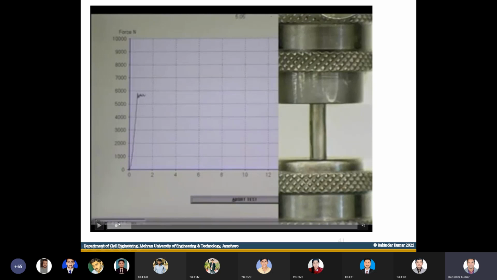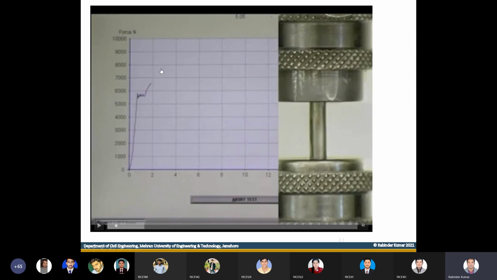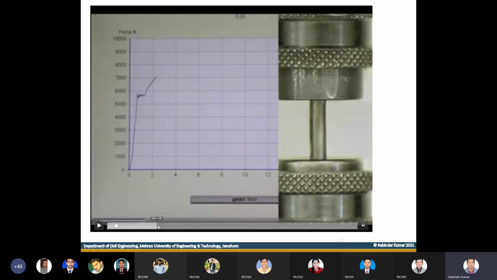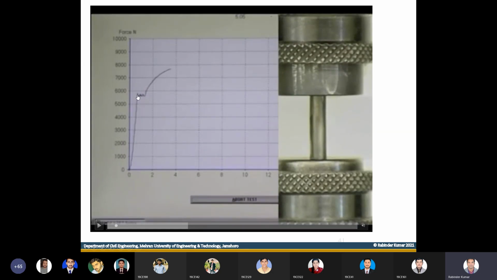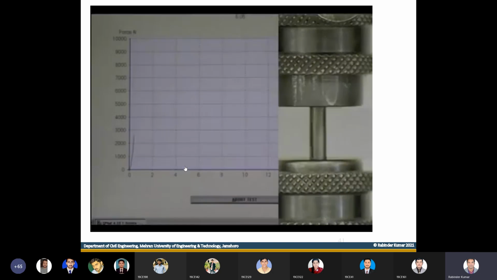After this plastic region, the material again regains its strength after the yield point, and this is known as the strain hardening region. Here the material started to fail, but after some point the material again starts getting its strength.